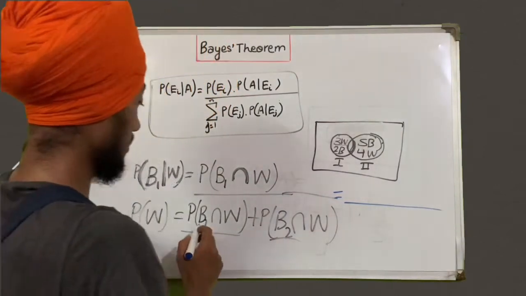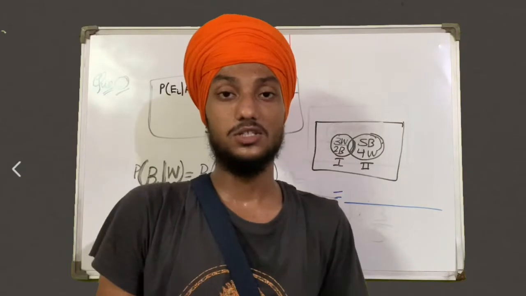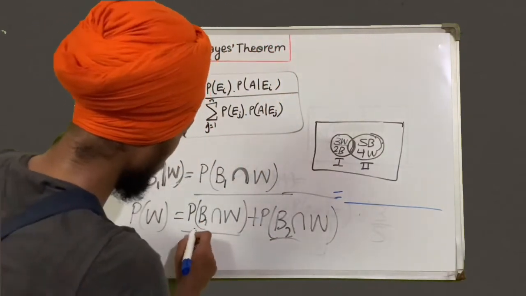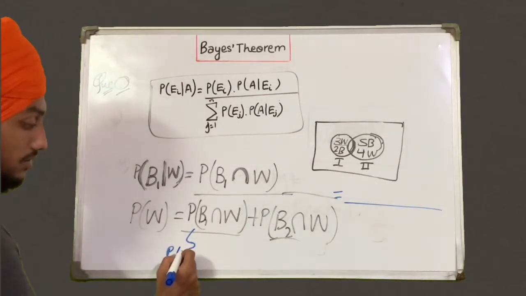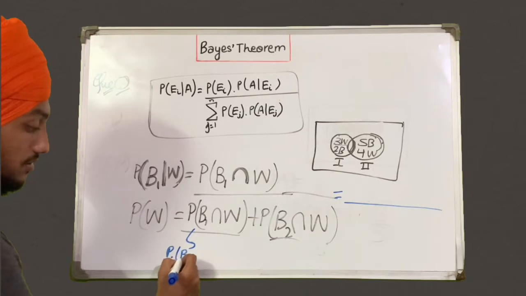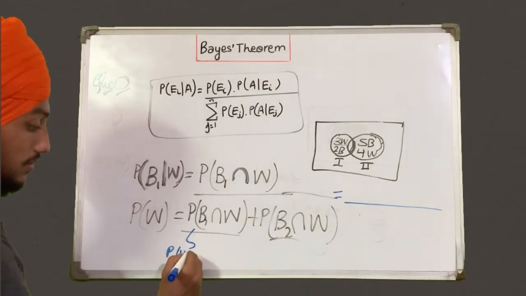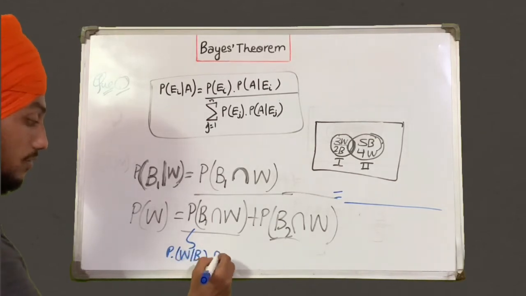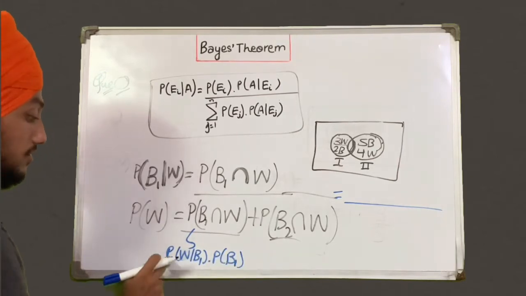We discussed the multiplication theorem in lecture number 1. Using the multiplication theorem we can write it as probability of white ball from bag number 1 times probability of bag number 1.